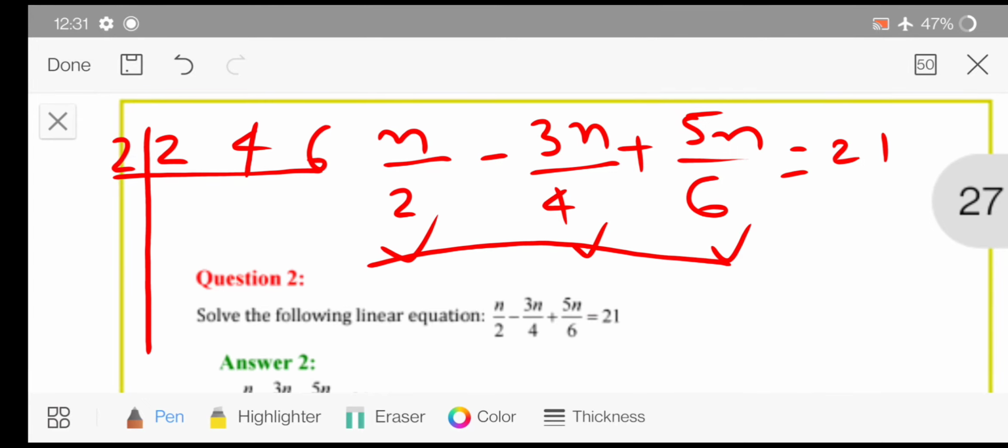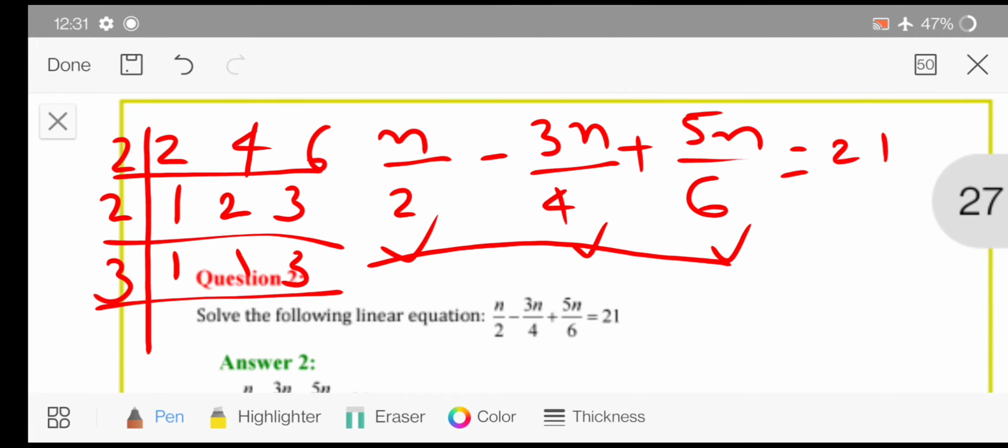So 2 1s are 2, 2 2s are 4 and 2 3s are 6. Again we can continue with 2, 1 as it is, 3 as it is because it's not there in the table of 2. So 2 1s are 2. Now you can go with 3 1 1. So 2 2s are 4 and 4 3s are 12. Right? So 12 is our LCM.